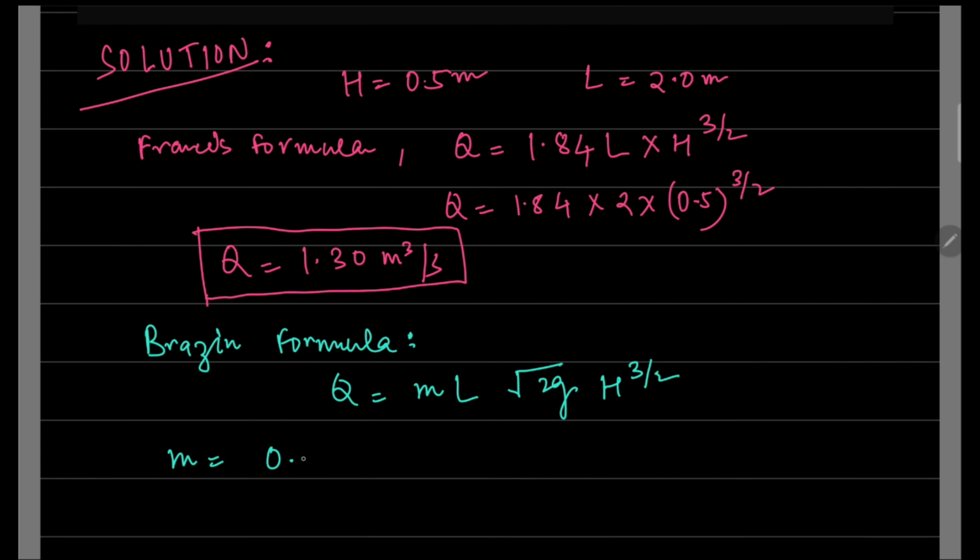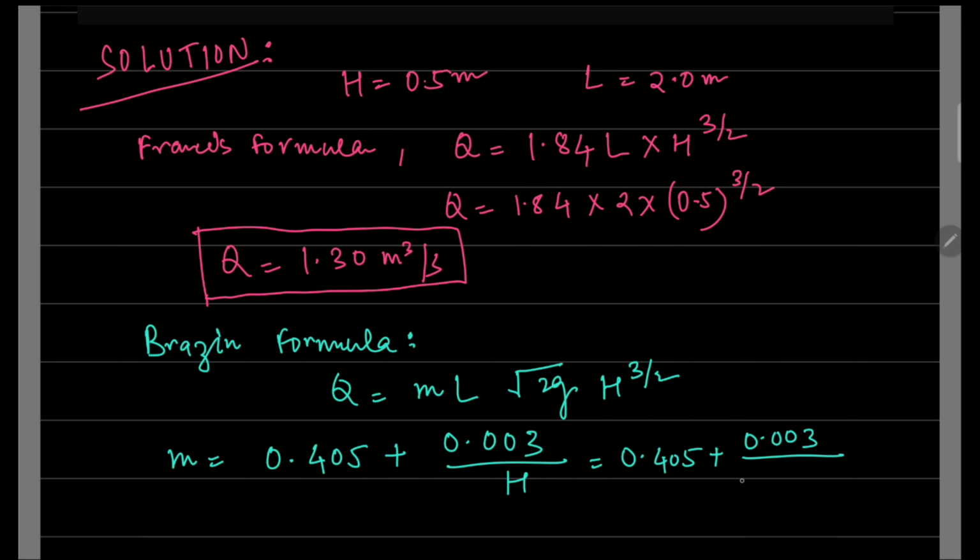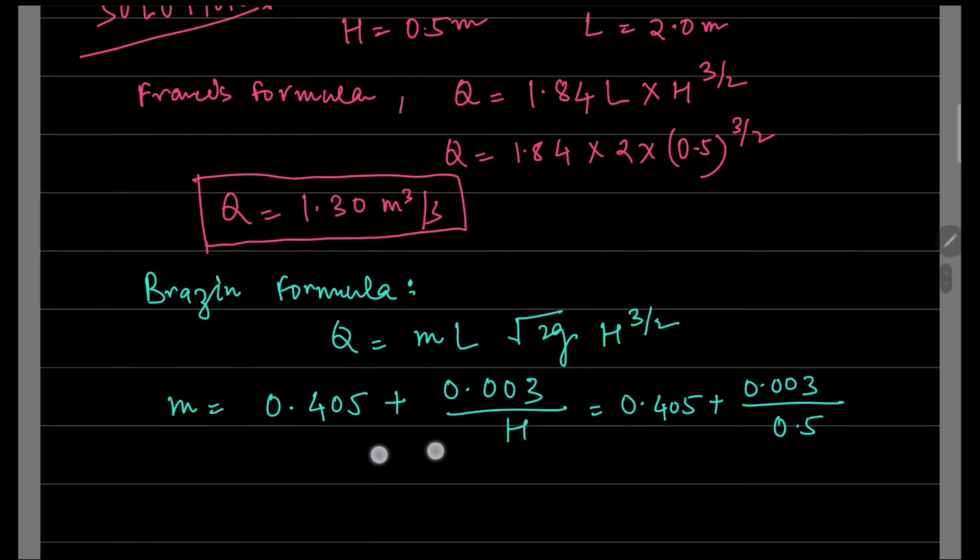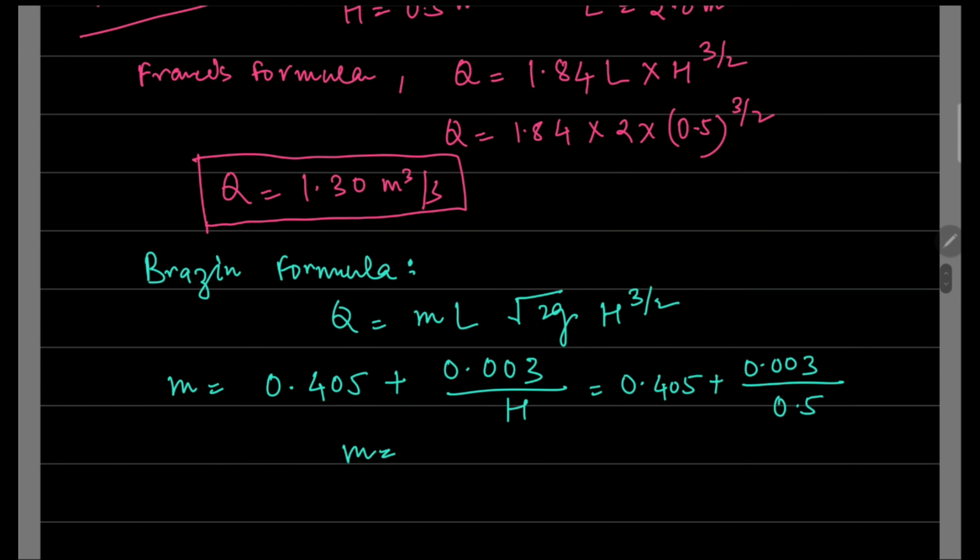So M is 0.405 plus 0.003 over H. First of all, we will determine the M value. So this will be 0.405 plus 0.003 divided by H value, which is 0.5. So M will come out to be 0.411. So this is the M value.